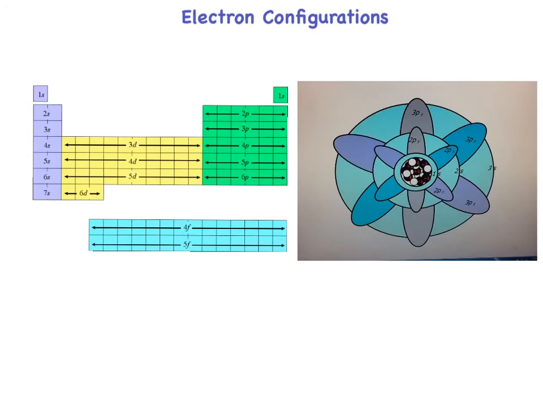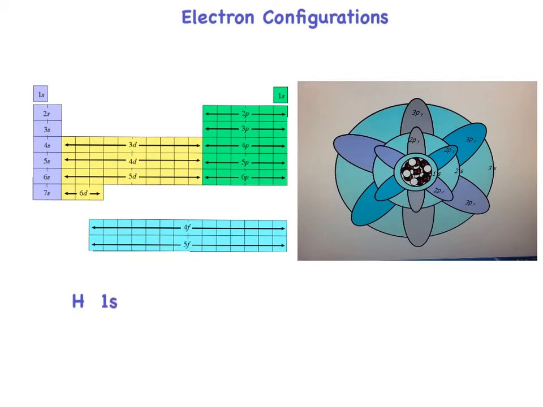Let's start out with hydrogen. Hydrogen is right here on the periodic table. It's in the first energy level. So we'll start with its symbol H, and since it's in the first energy level, I'm writing a 1. And since it's in the s sublevel, I'm going to write an s.